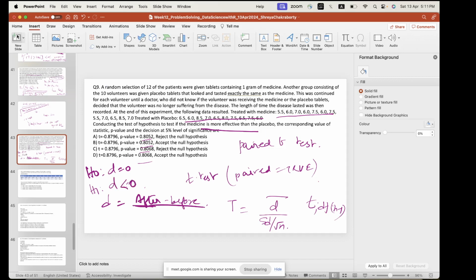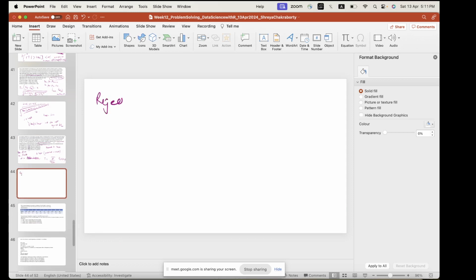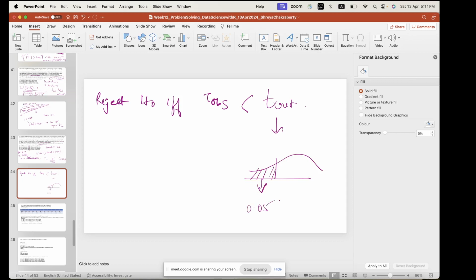Alright, so you should reject your H naught if and only if t observed is less than t critical. And how will you find t critical? That is the point in the t distribution below which the area is 0.05, and the df should be n minus 1.